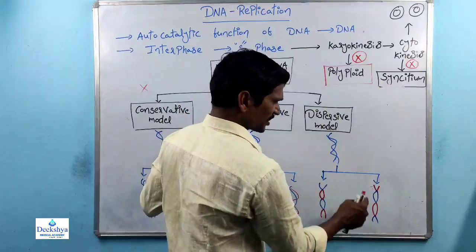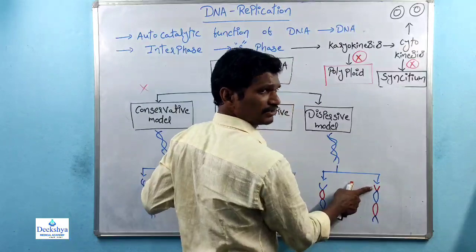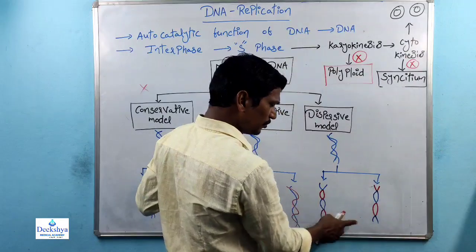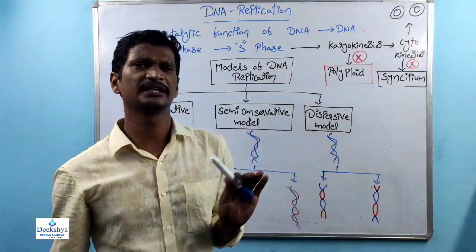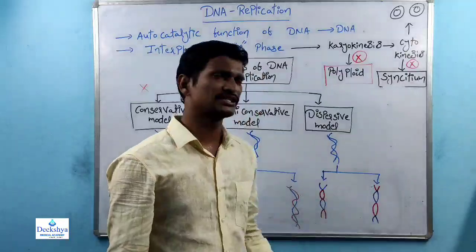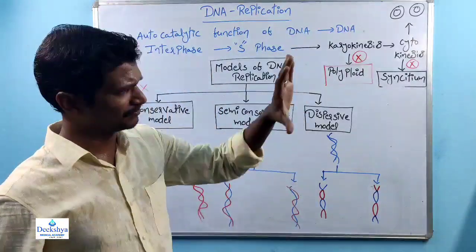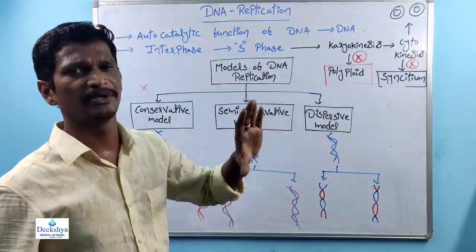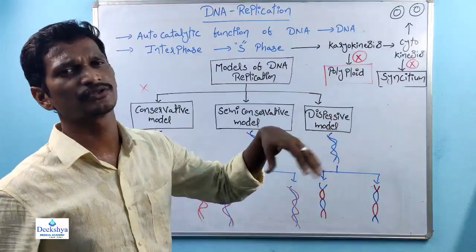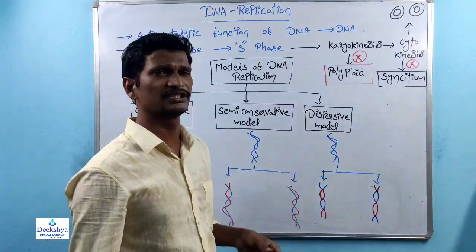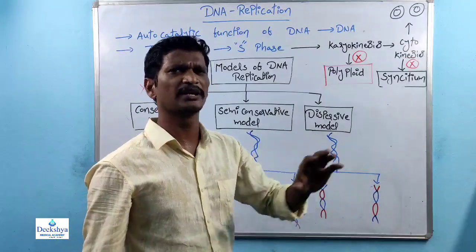So here the blue color indicates parent DNA and the red color indicates newly synthesized DNA. So what I am telling here, the DNA is synthesized in a bit manner. A part of the DNA belongs to the parent DNA and a part belongs to the newly synthesized DNA. In the dispersive manner DNA is synthesized.